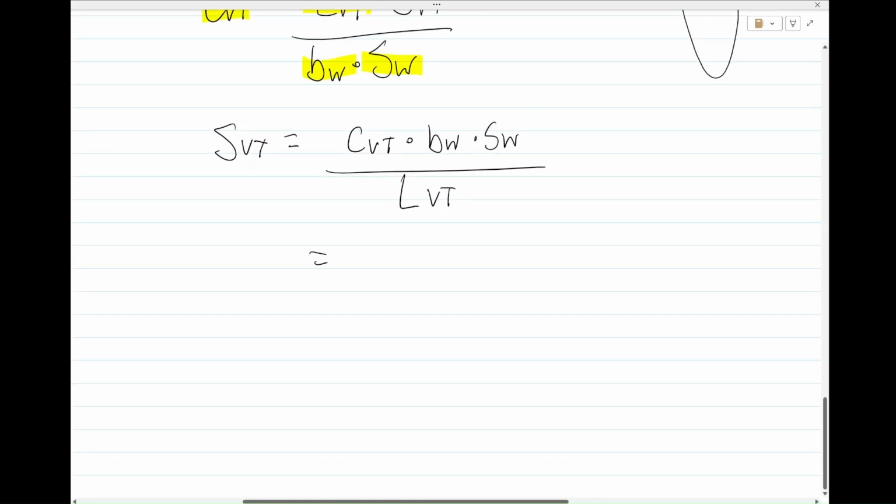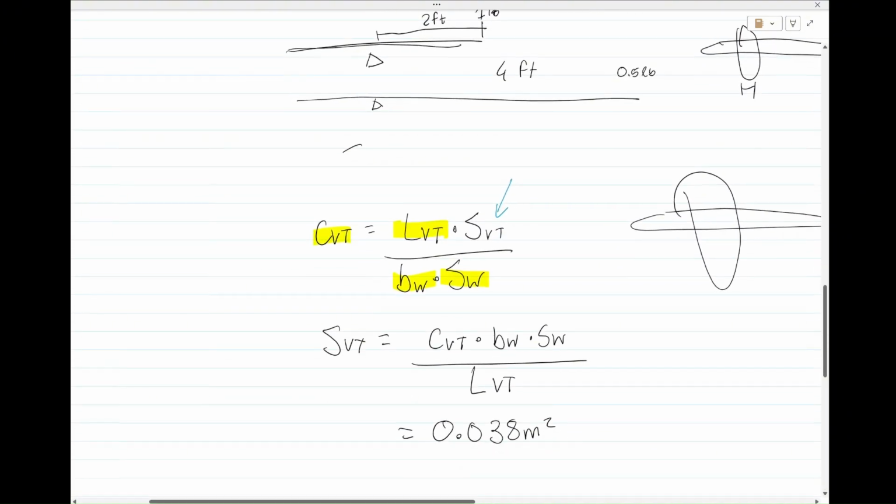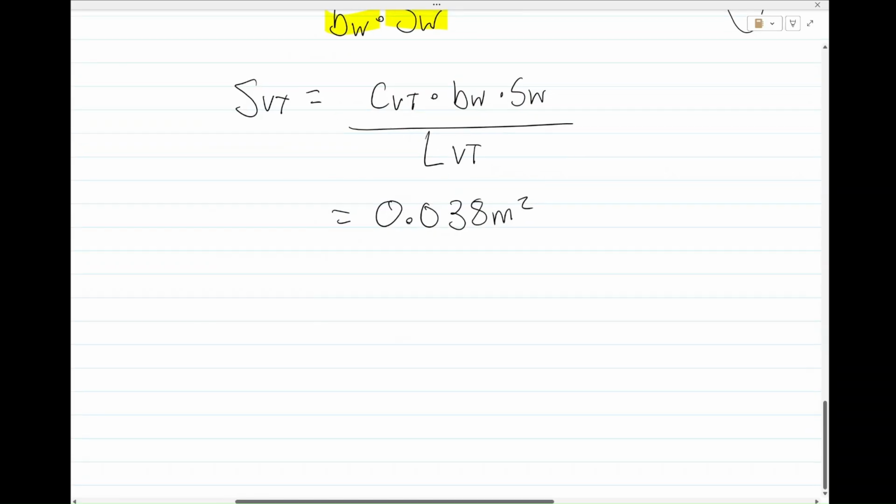And this comes out to, I don't feel like plugging in the numbers, area of vertical tail, 0.038 meters squared. Doesn't look unreasonable to me. Now we are done with our wing area. Let's choose an aspect ratio.